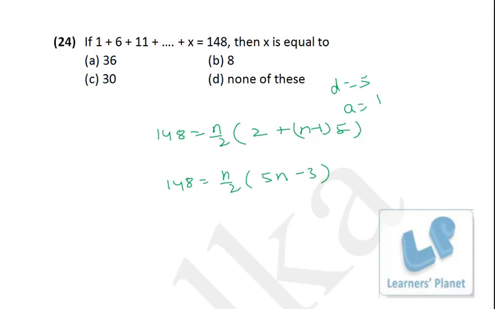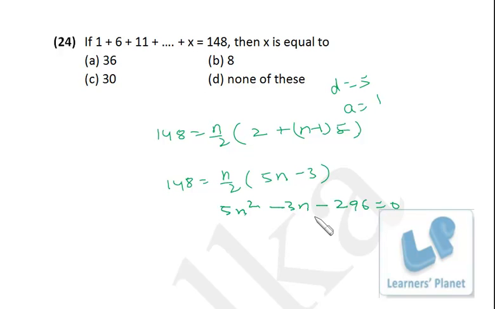Now by simplifying this, we can get a quadratic equation, that is 5n square minus 3n minus 296 is equal to 0. Now you have to solve this quadratic equation and get the value of n. Then when you get the value of n, you can get the value of x, but that will be a really tedious and lengthy method.